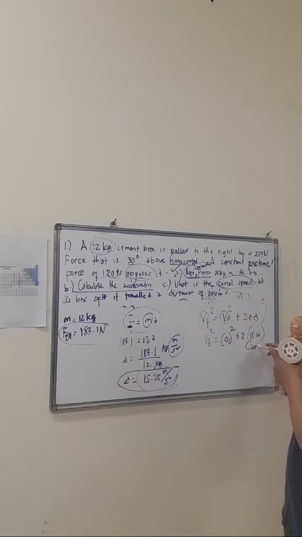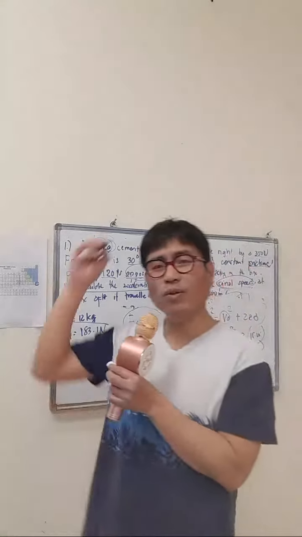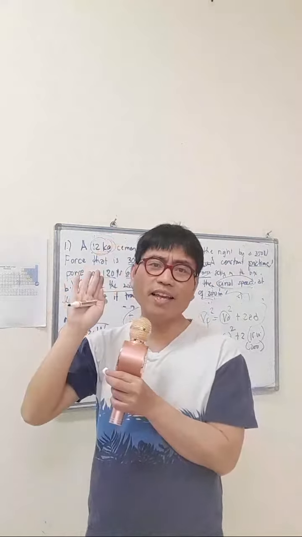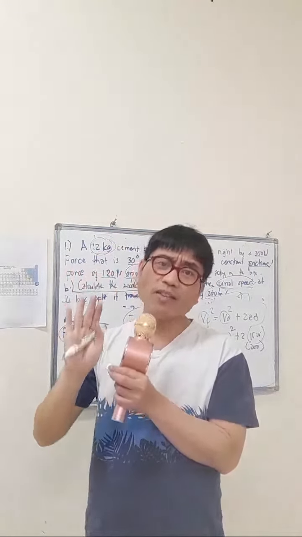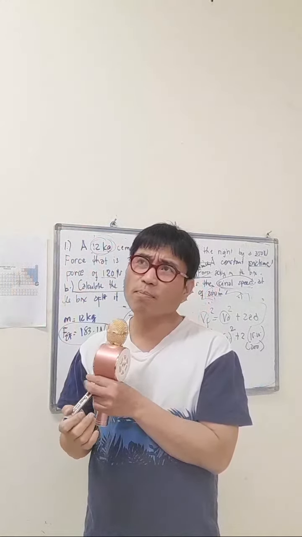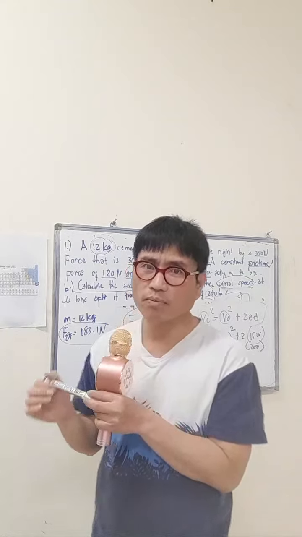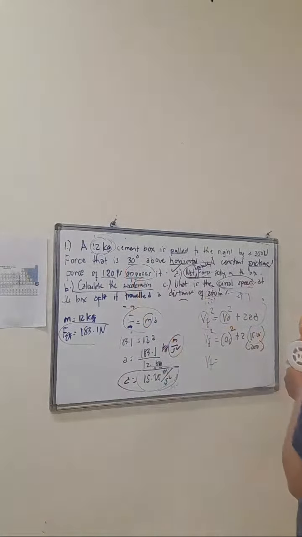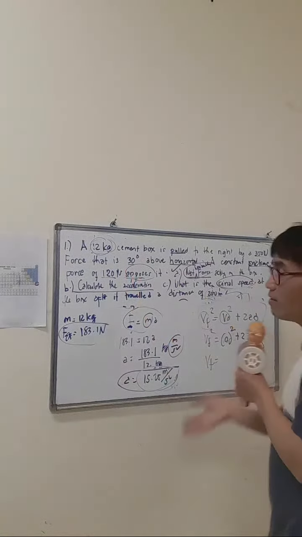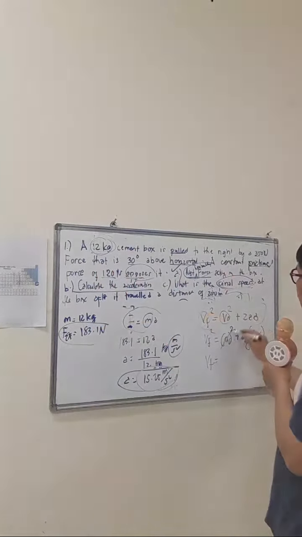So you can solve for the final velocity. 0 raised to the power 2 is still 0. 0 raised to anything is always 0, for example 0 raised to the power 1 million. It doesn't matter the exponent anymore.